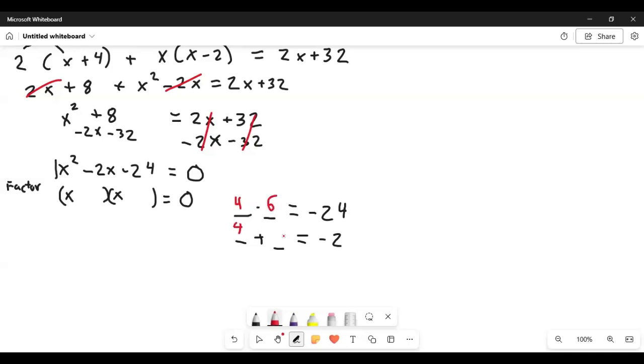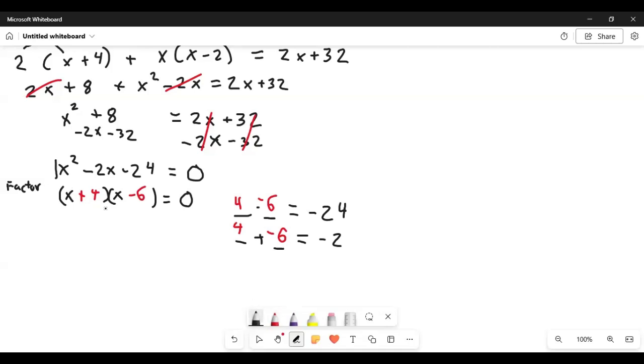Which one of them is negative? Because in order to multiply to a negative, one of them has to be negative. Well, the 6 has to be negative because they also have to add up to be a negative 2. Take that plus 4 and that minus 6, put them in the parentheses.